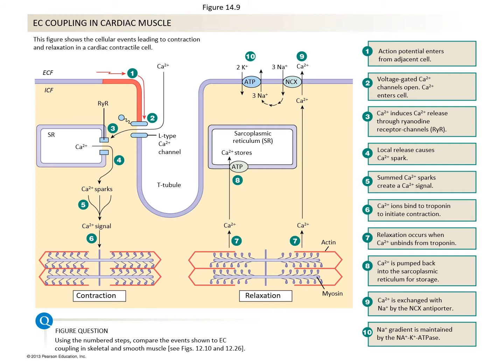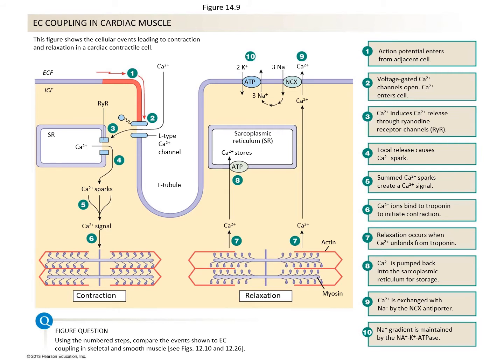In cardiac muscle cells, it's a little bit different. Here, the action potential is still going to enter from the adjacent cell. It's going to spread across the sarcolemma via those sodium-potassium pumps. Then, as it goes down, it will spread into the T-tubule. So it's the same thing so far. It's going to go down to the T-tubule into that triad region.